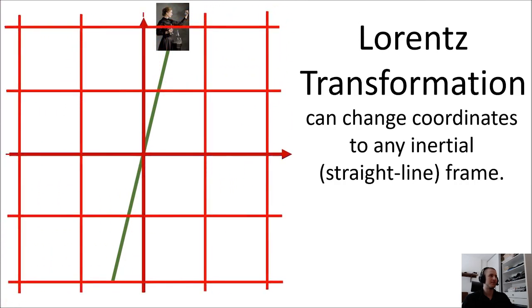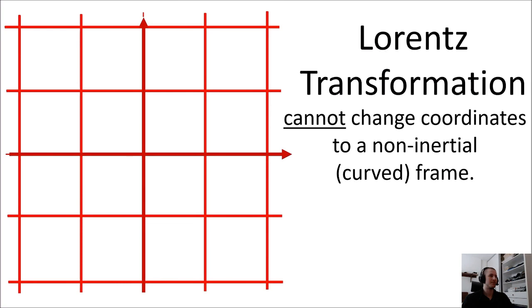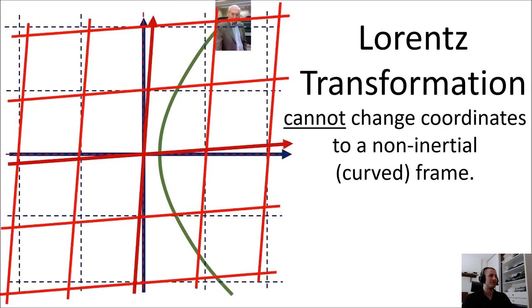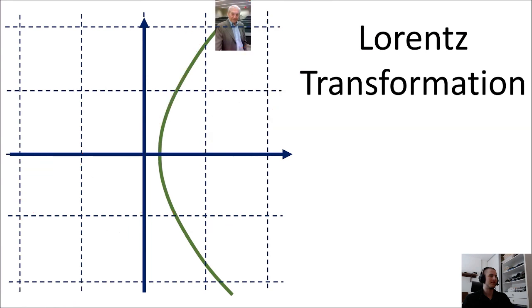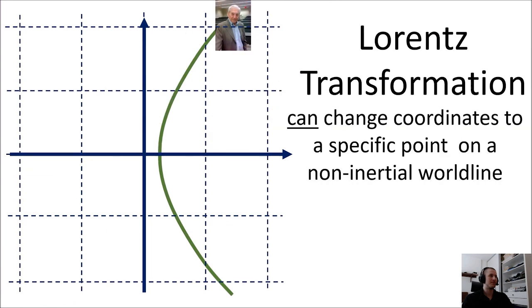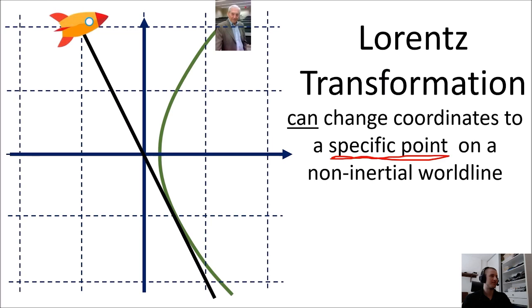But a Lorentz transformation cannot change coordinates from an inertial frame to a non-inertial frame, because non-inertial frames have curved world lines. However, we can always find a Lorentz transformation that brings us to an inertial frame for one specific point on a curved world line. For example, the inertial world line of this rocket is tangent to Rindler's world line at exactly this one event point.